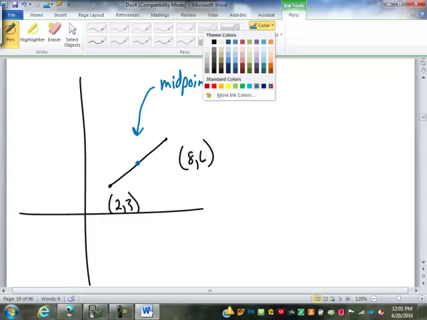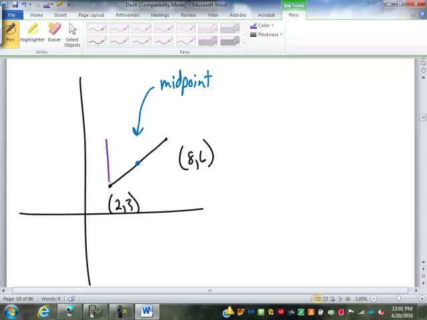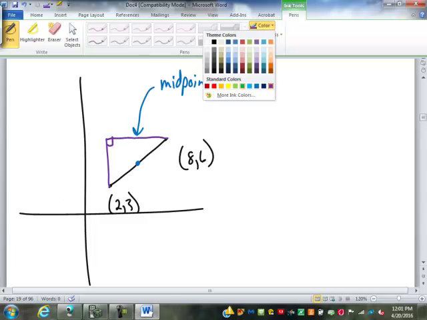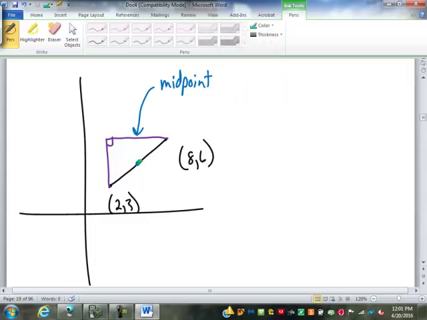And because it is linear, the midpoint's actually pretty simple to find. I'm going to draw my triangle back in here for my slope. This midpoint, or middle of the line segment, if I trace it over, it's going to be exactly halfway up my rise. If I trace it up, it's going to be exactly halfway across my run. It'll be the midpoint.